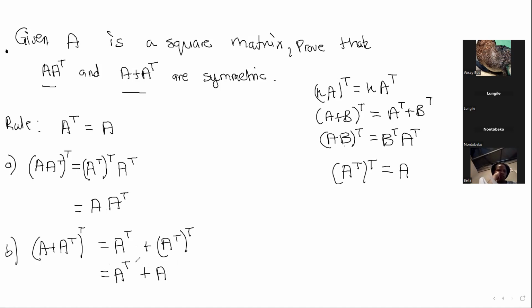But because this is addition, you can just move the matrices around, like this, A plus AT, which is what we wanted to prove.